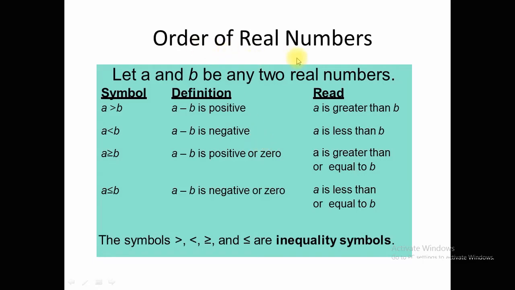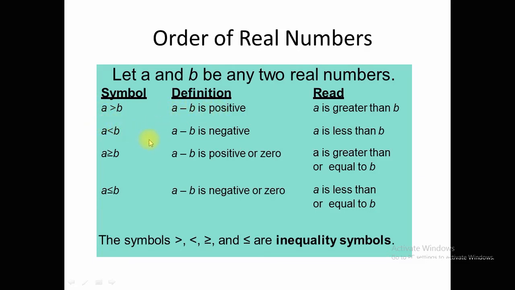Now the order of real numbers. Let A and B be any two real numbers. This expression is read as A is greater than B, and A greater than B means A minus B is positive.